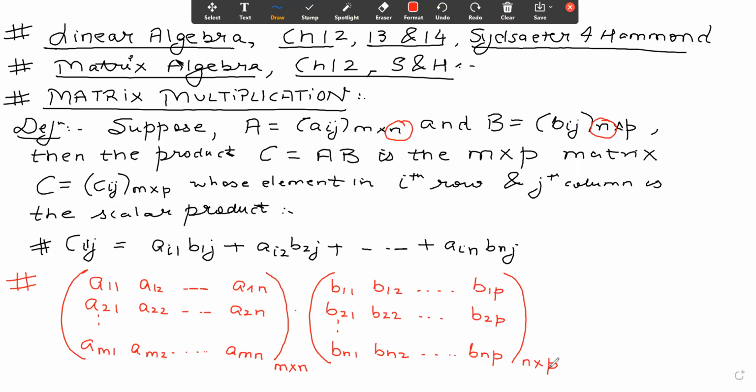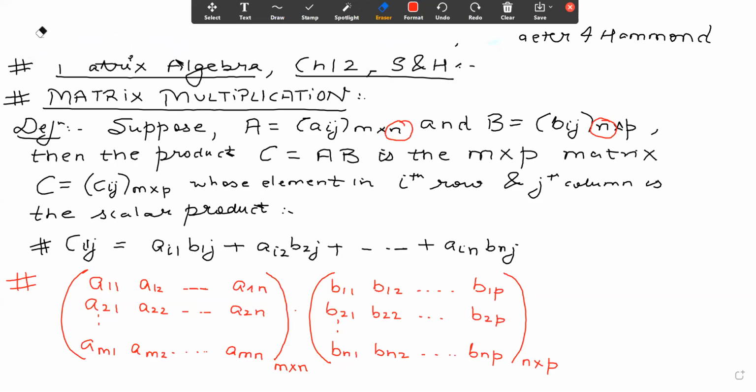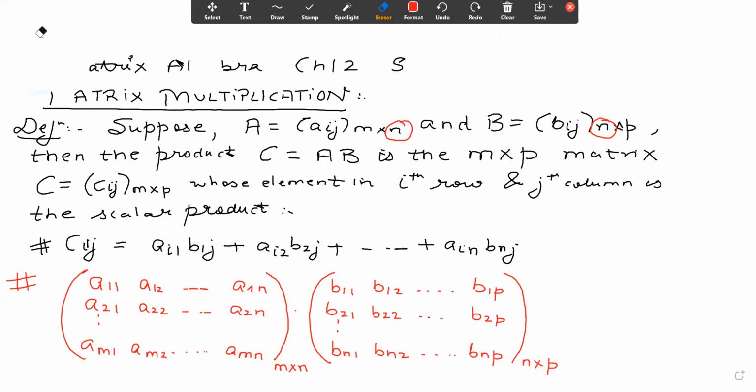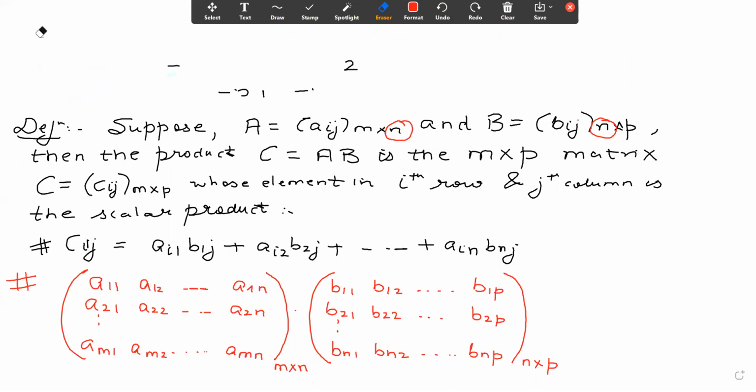So let us now see, when we multiply these two matrices, what do we get? To understand that, guys, first of all, I'm erasing all the initial part. You know the topic, you know the definition now. The definition is not very important. What is important is how to numerically apply the multiplication formula.